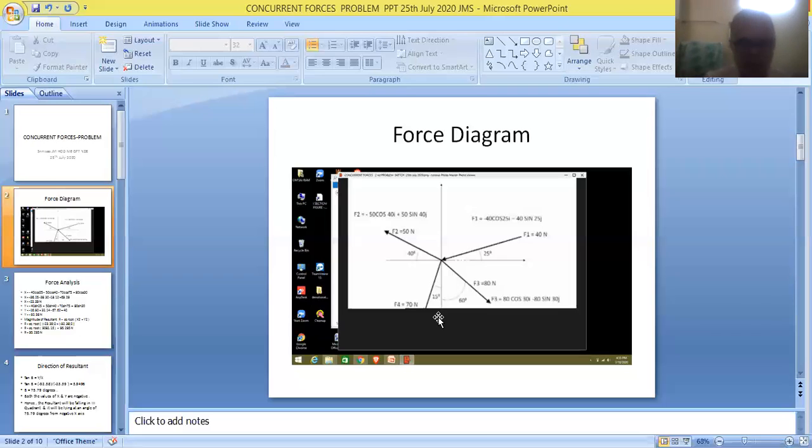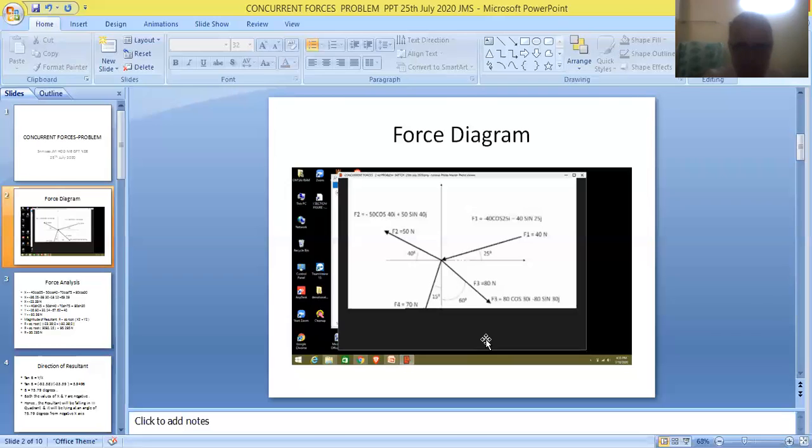So we have talked about the forces. So for doing the problem, each and every force has to be resolved into components, horizontal and vertical components. We have to indicate the directions of horizontal and vertical components for each and every force. Now these directions depend upon the direction of the given force, direction of the resultant.